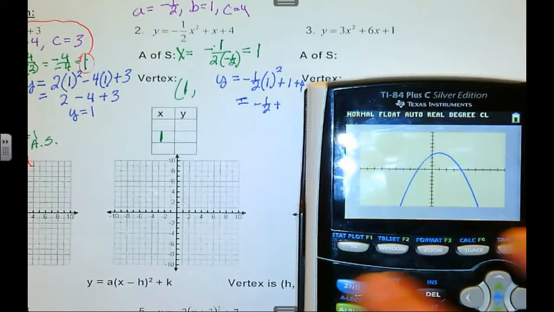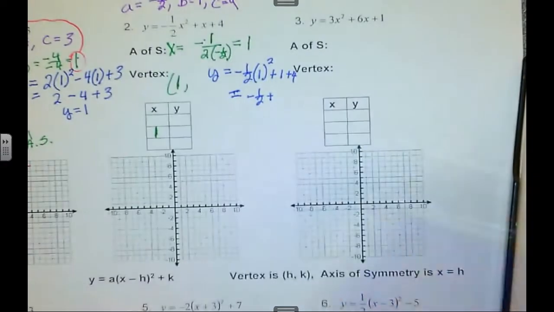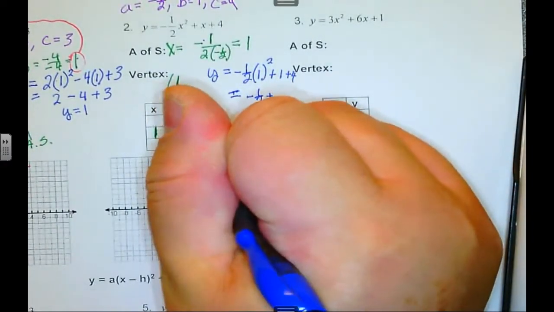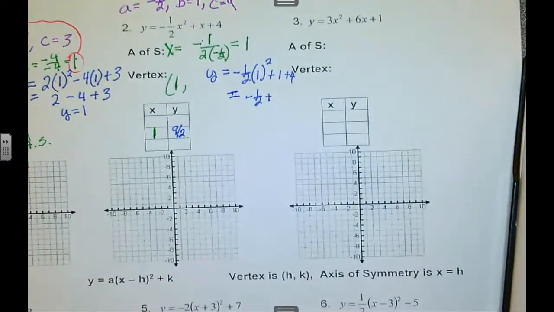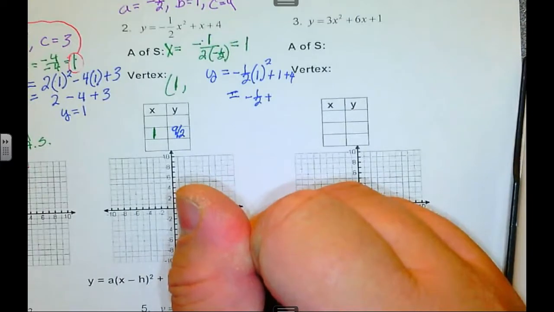I could go to my chart, see when my x is 1. There's my y value, 4.5, so I really don't have to compute what my y is. 9/2 or 4.5. So that's my vertex. 1, 4.5.